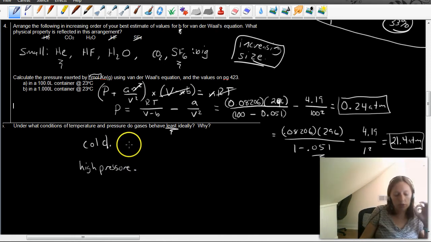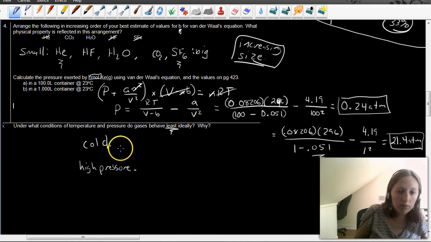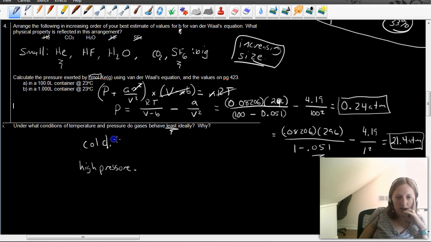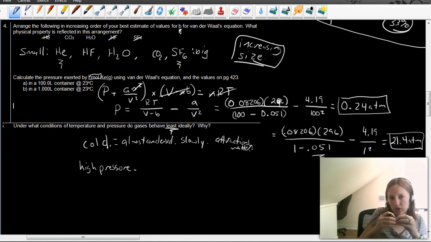And the reason that cold is very non-ideal is because your gas is almost condensed, your particles are moving slowly, and when they're moving slowly, the attractions matter because they have a chance to pull towards each other, kind of keep each other away from the walls of the container, and so the pressure is lower.